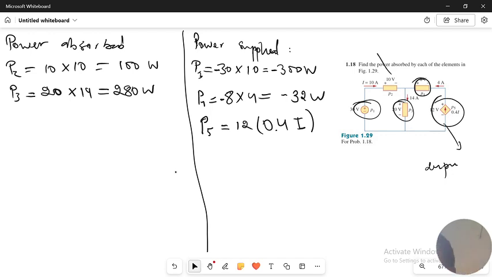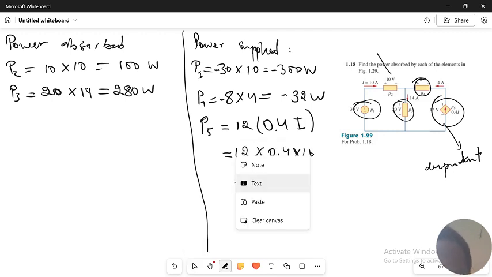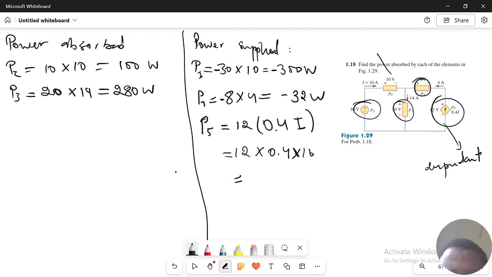We already saw in the previous video that it is a dependent source. So I have to determine the value of this I by looking at the whole circuit. I will have 12 multiplied by 0.4 multiplied by I, with I equal to 10, which gives 48 watts.